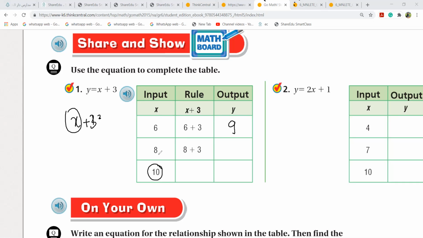Instead of x, if I put 8, I get 11. If I put 10, I get 13. Yes? Miss, it's supposed to be 11, I think. Yes, here it is supposed to be 11. And 10 plus 3, 13.